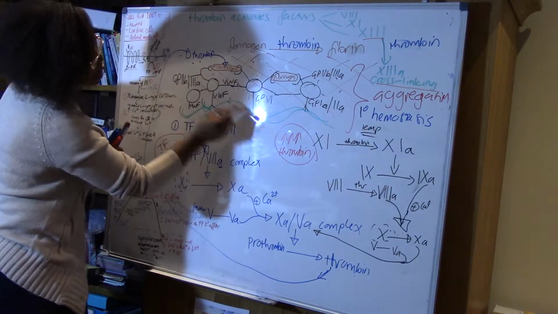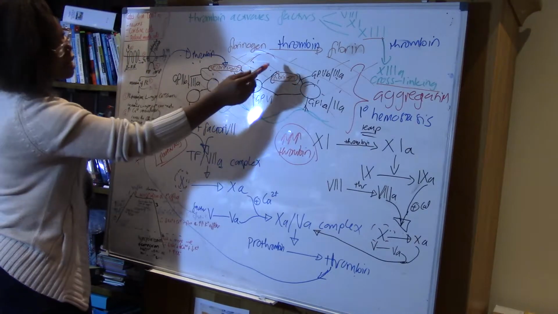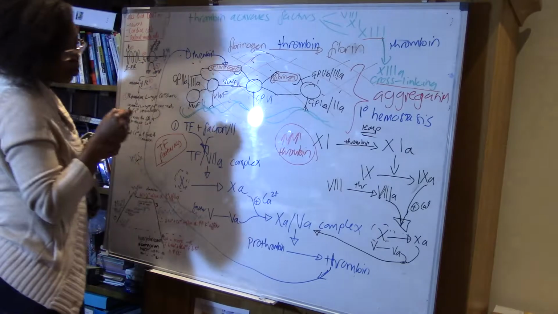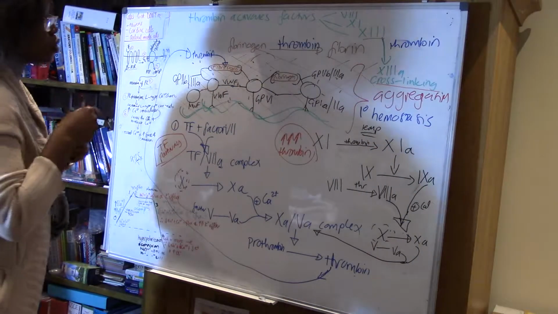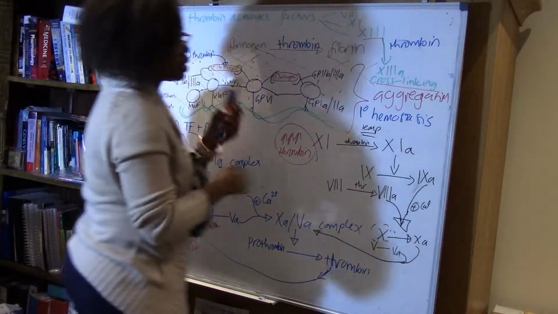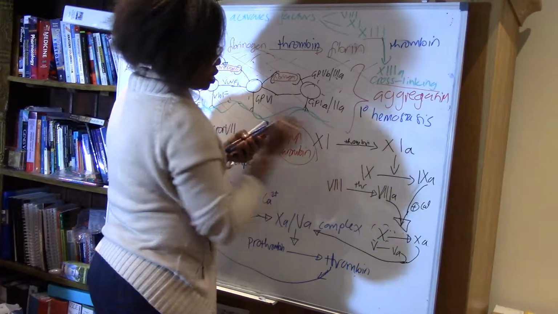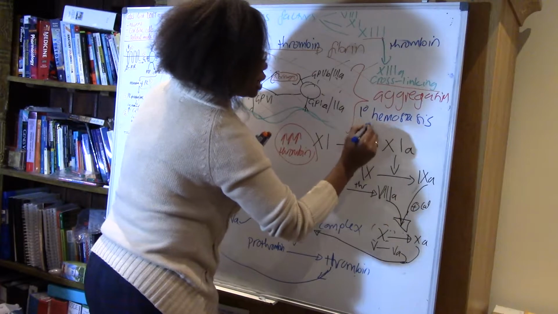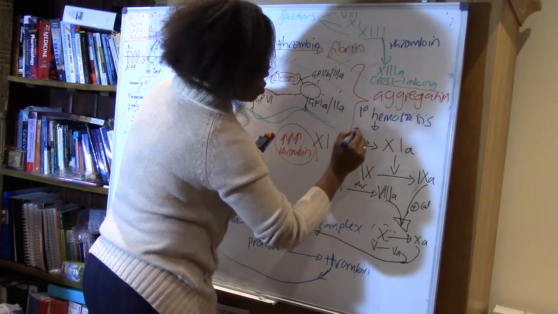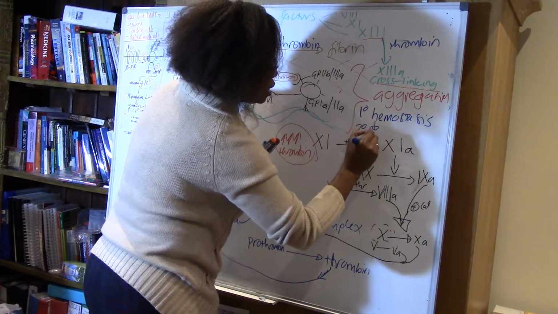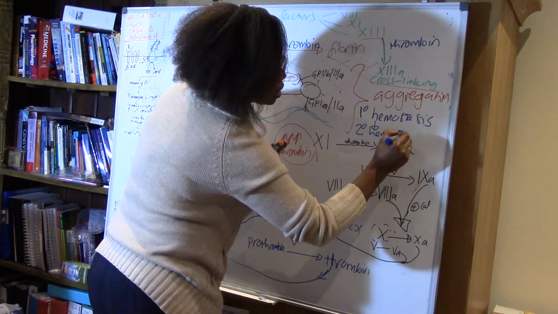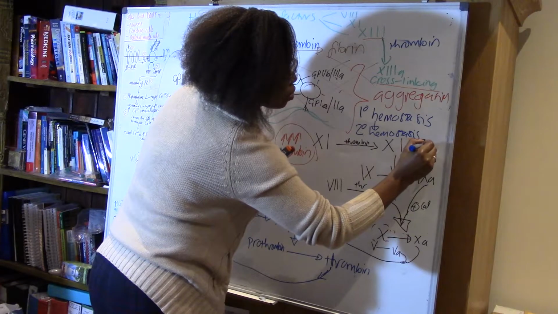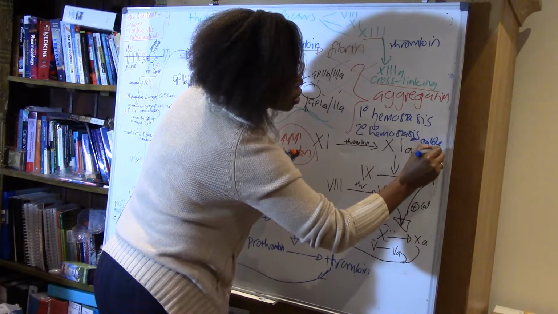All these cross-links form a stable clot, which is then called secondary hemostasis, which is much more permanent. So once we have cross-linking, we have secondary hemostasis, which is a stable clot.